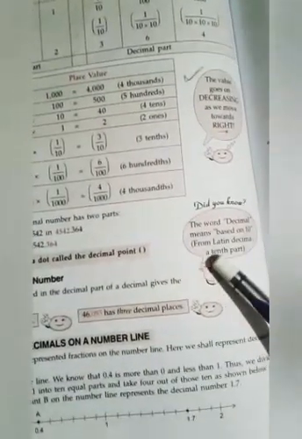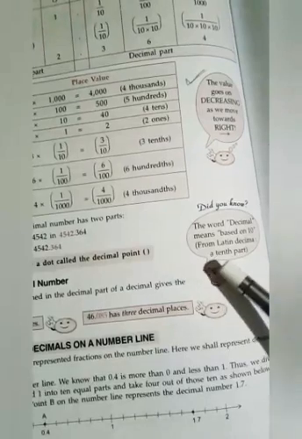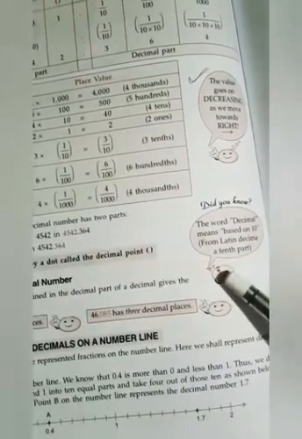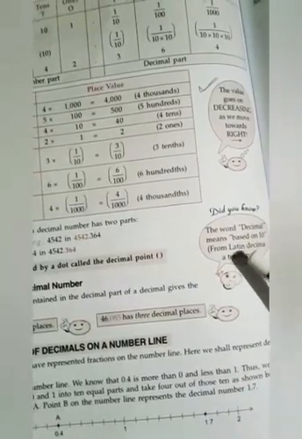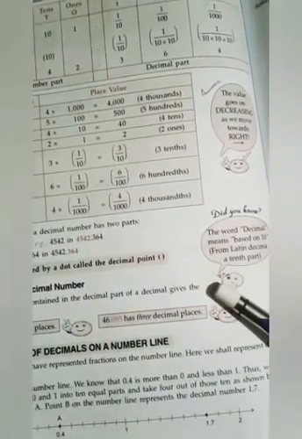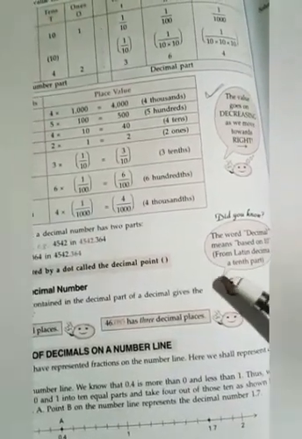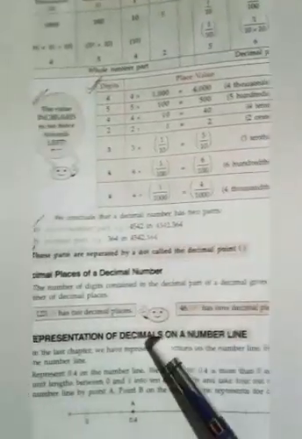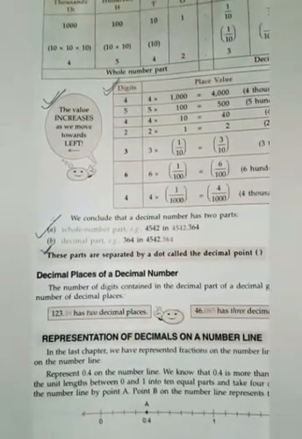Then the word decimal means based on 10, from Latin decima, a 10th part. So this word decimal is derived from a Latin word. The Latin name is decima and it means a 10th part. Then decimal places in a decimal number.